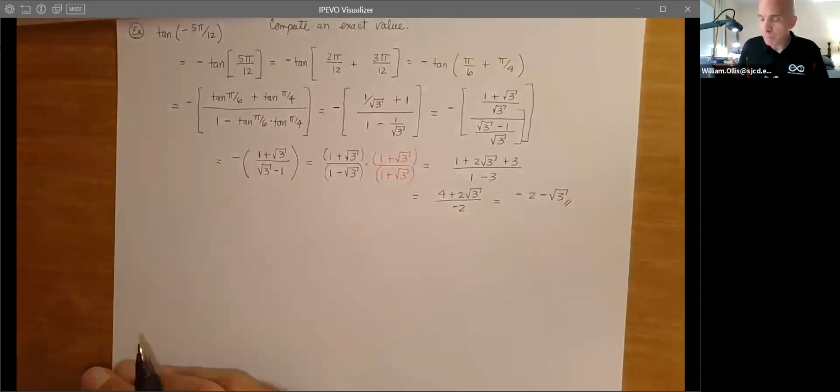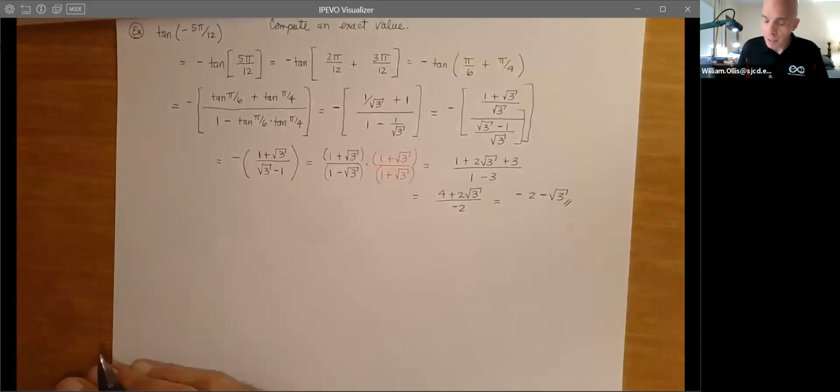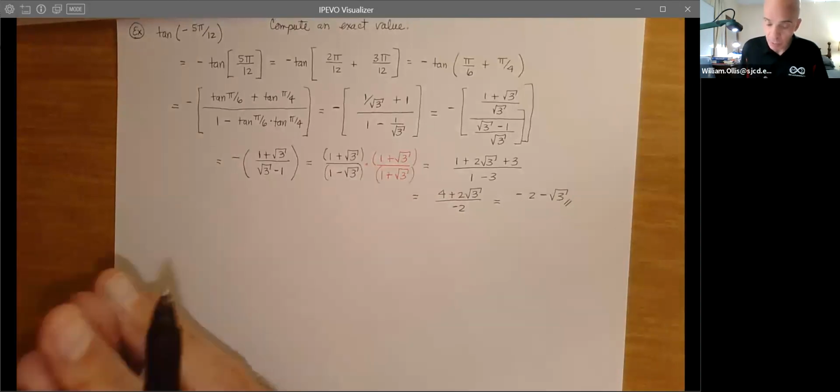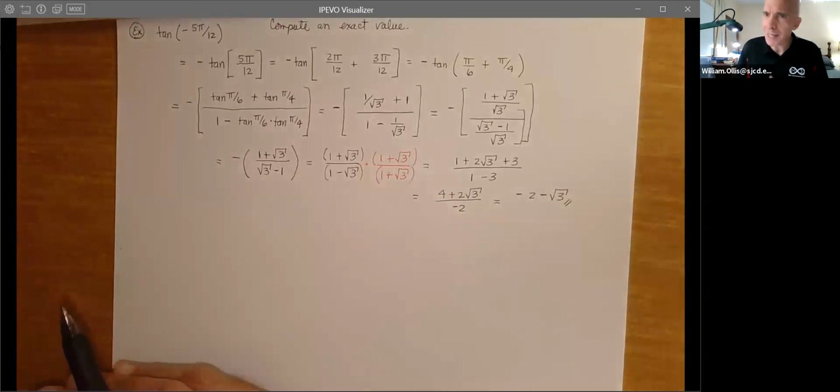So that would be very simple looking, but on a test, like I say, you get in, you get out, you can stop here, you could stop there. That might be a little bit more complicated to type, so it might be easier just to work to here or to here. But the idea is an equivalent answer is all that WebAssign asks.